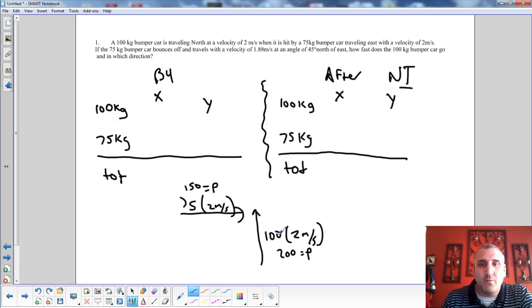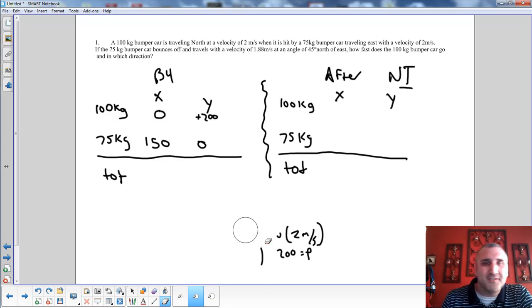Well, the 100 is going in the y. Positive 200 kilogram meters per second. And it's not doing anything in the x. The 75 kilograms seems to be doing 150 kilogram meters per second in the x and nothing in the y. So far, so good. So now I've got my before the collision scenario, and I really don't care about this anymore.